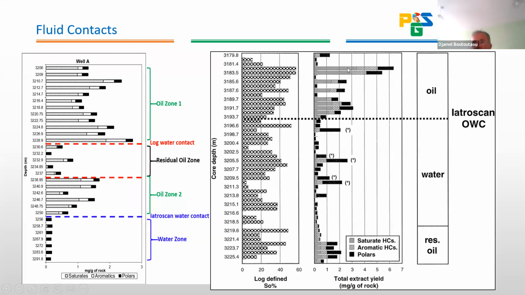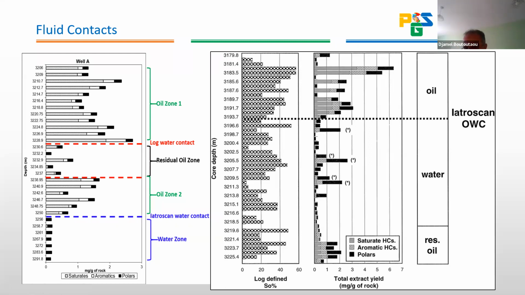In gray here are the saturated hydrocarbons, the one with the dashes is the aromatics. These are hydrocarbons, and the black is the asphaltenes and polars.